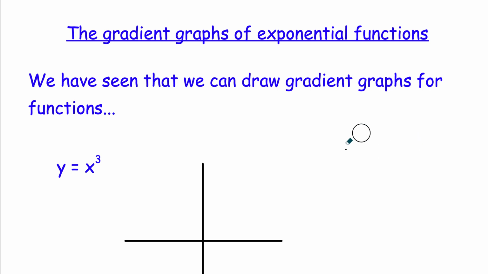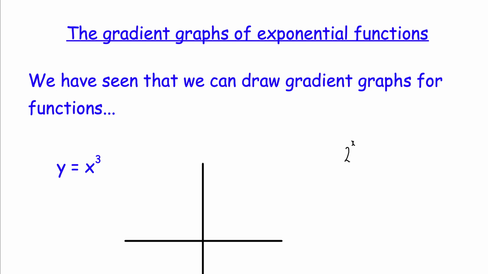We know that for exponential functions, x is the power, and we have a base that's a constant. So 2 to the power of x is an exponential function. Minus 3 to the power of x is an exponential function. 7.2 to the power of x is an exponential function.